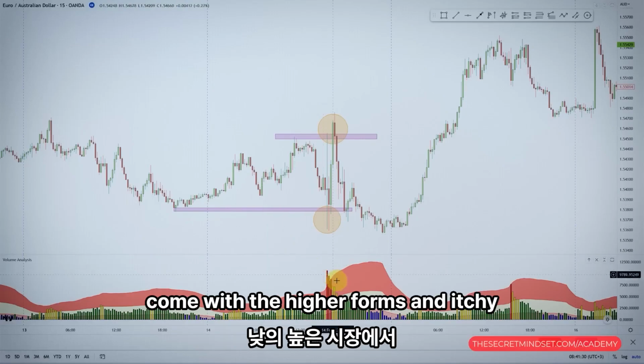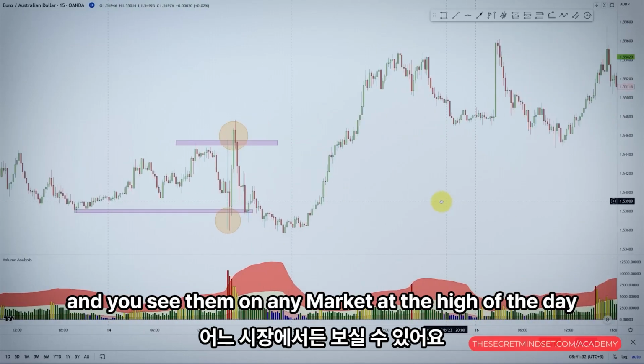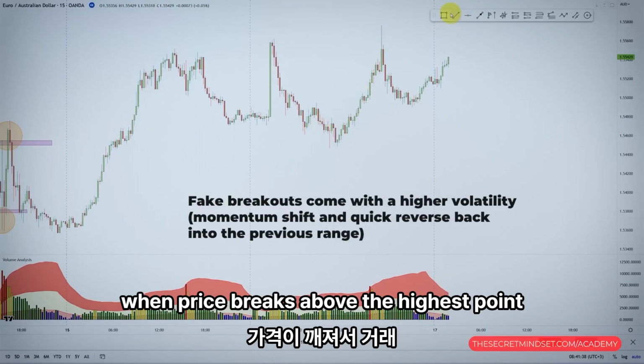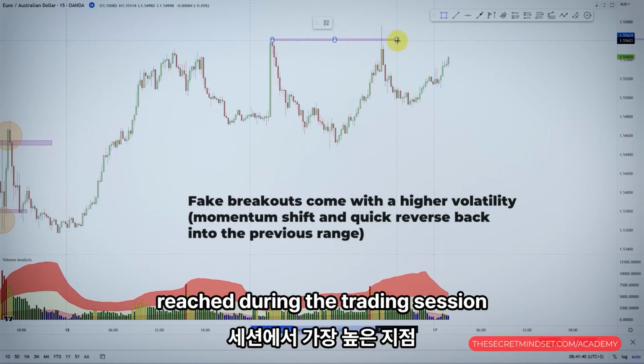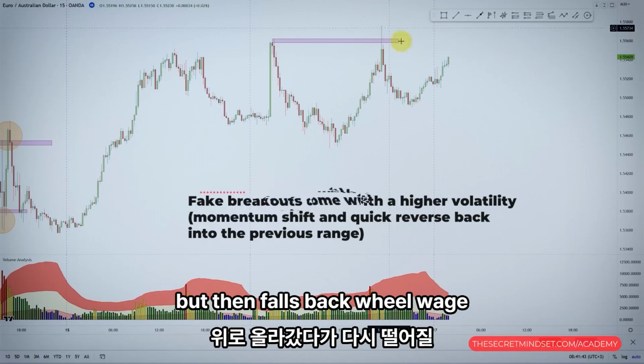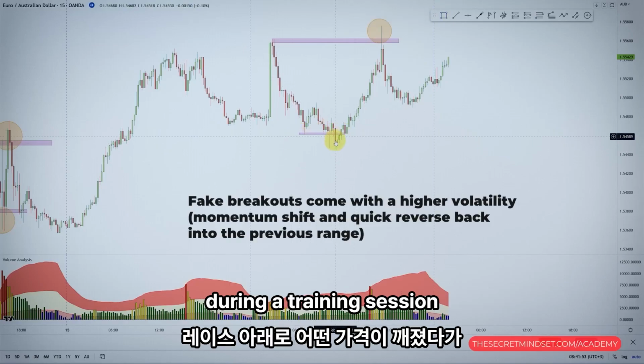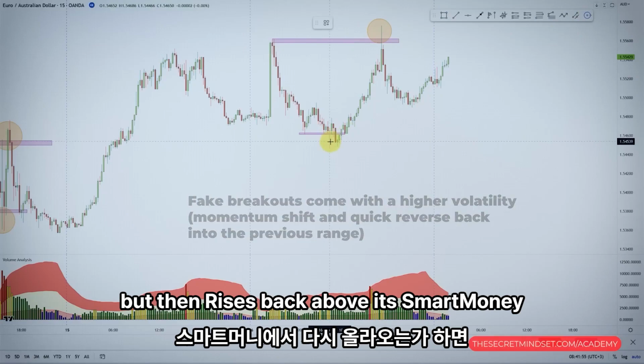Fake breakouts come with a higher volatility, and you see them often on any market. Here's a fake breakout at the high of the day when price breaks above the highest point reached during the trading session, but then falls back below it. And here's a fake breakout at the low of the day when price breaks below the lowest point reached during the trading session, but then rises back above it.